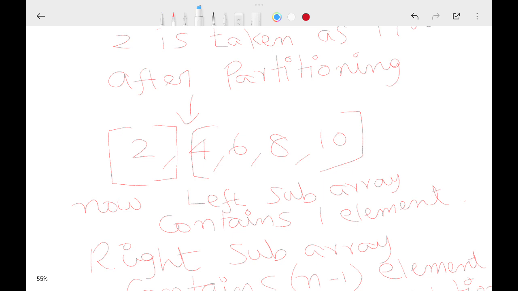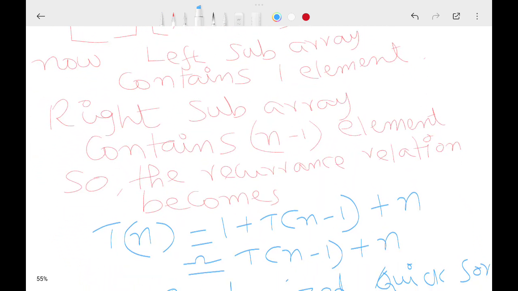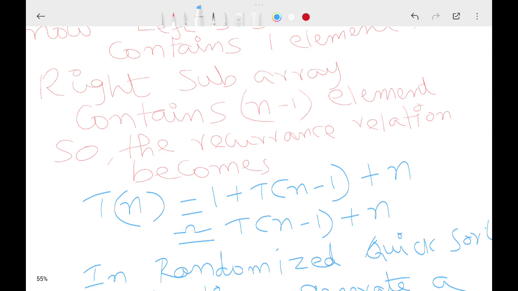So now the recurrence relation for this input. The left subarray contains only one element and the right subarray contains n minus 1 elements. So T of n equal to T of 1 plus T of n minus 1 plus n. Here 1 is the size of the left subarray and n minus 1 is the size of the right subarray.